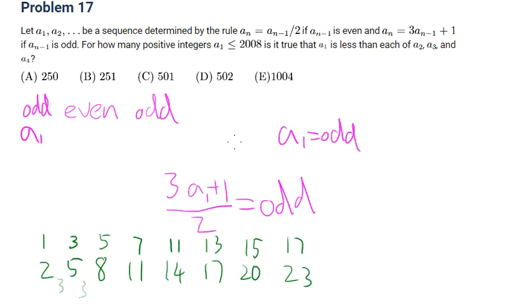So for each of these, we want these 3, 7, 13, 17. We want these that satisfy it. Wait, what?